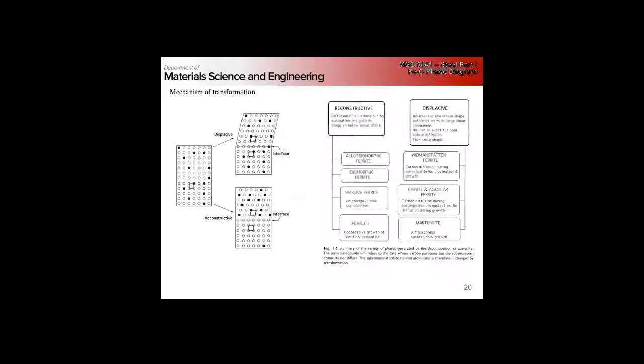So we know what makes steel work is that the solubility of carbon in austenite is so much higher than in ferrite, so that when we cool down, we have a structural change, and we also have a solubility change.